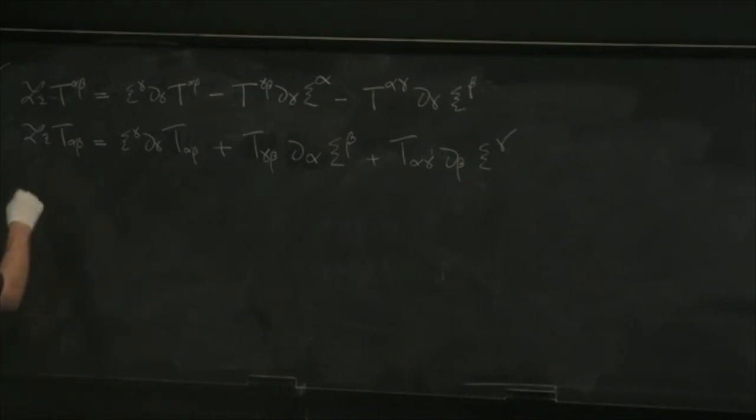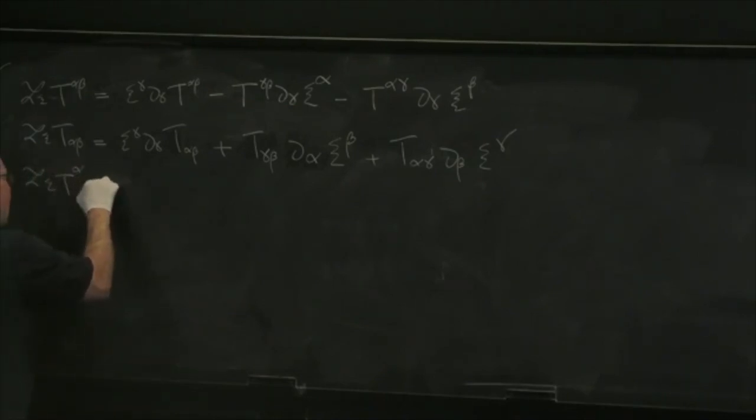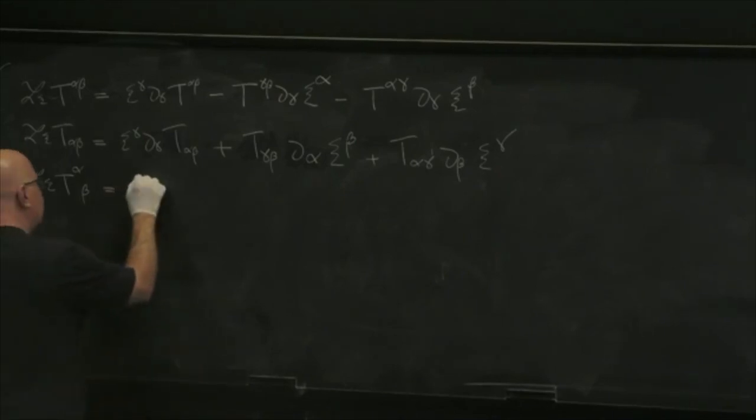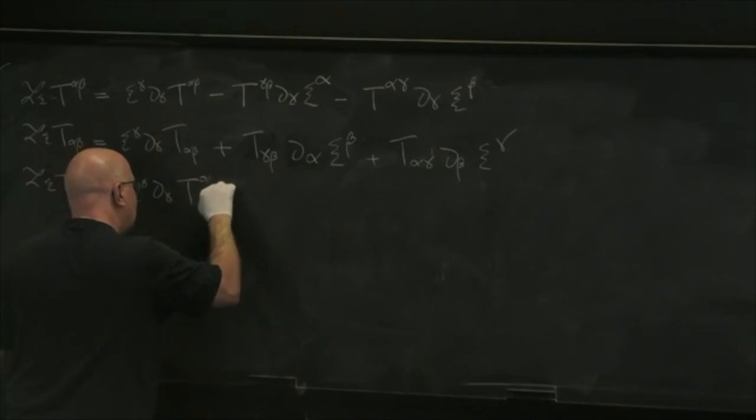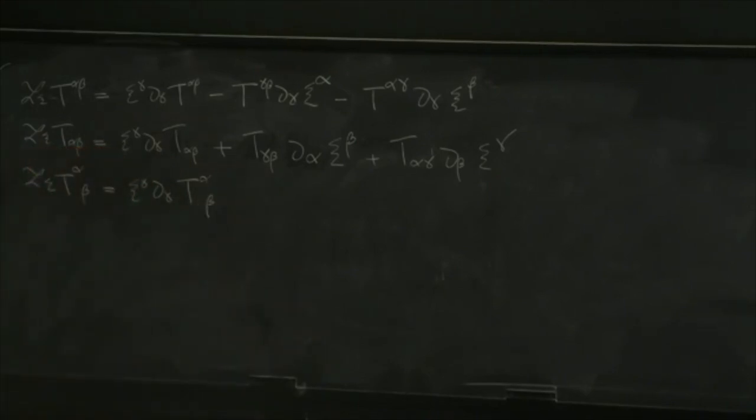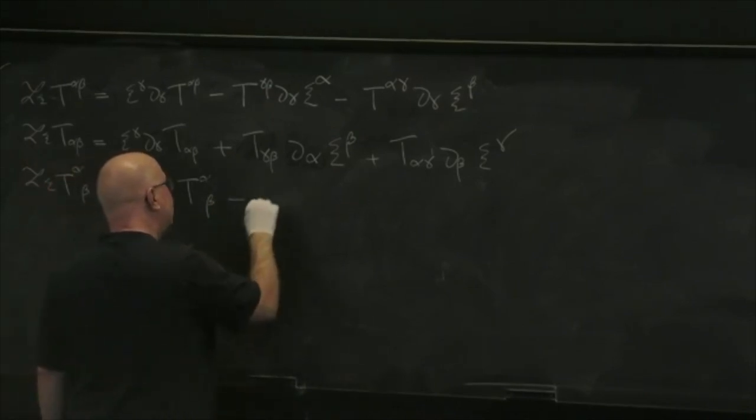And then, if we want to be complete here, we could have one index up, one index down, and then it would be a little bit of both. So first thing is always derivative in the direction of xi. And then for this alpha index, what we would do is to put a minus sign.